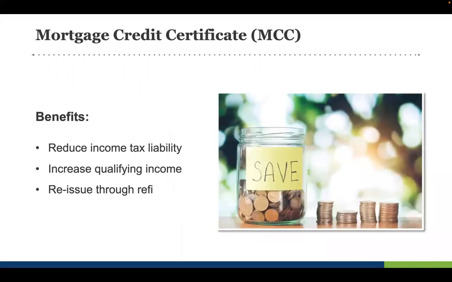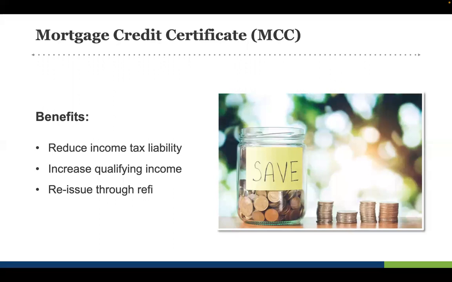So the benefits then become reduced income tax liability, increased qualifying income. So let me explain that. Some mortgage credit certificate providers will allow the lender to take the value of that mortgage credit certificate tax credit and divide it by 12 and apply that as an increase in qualifying income.